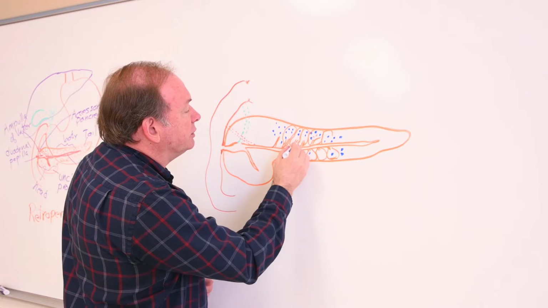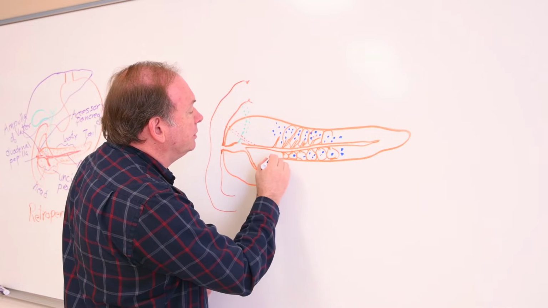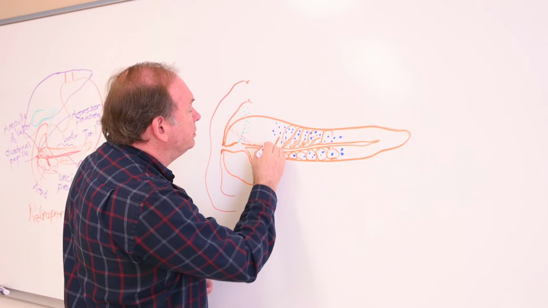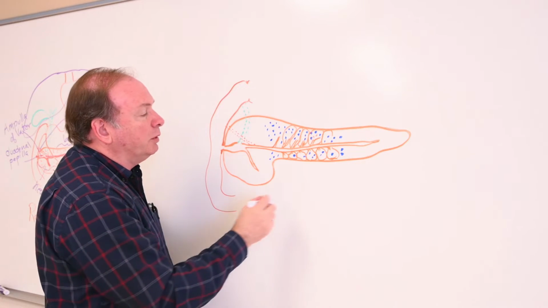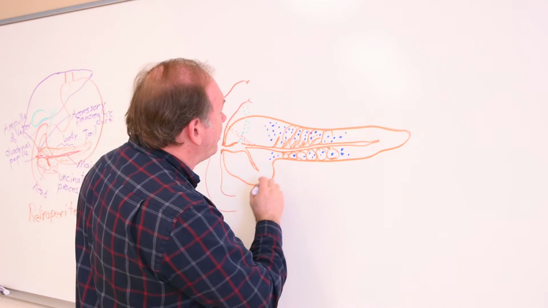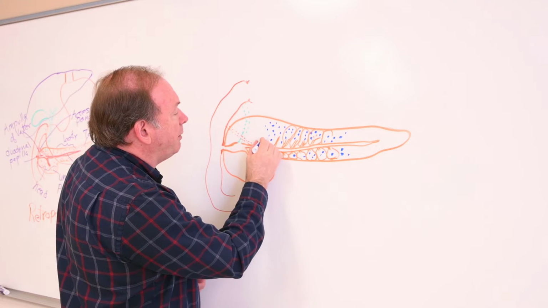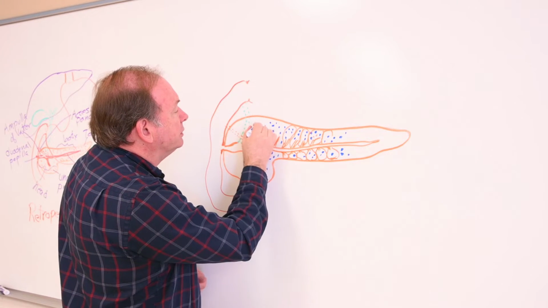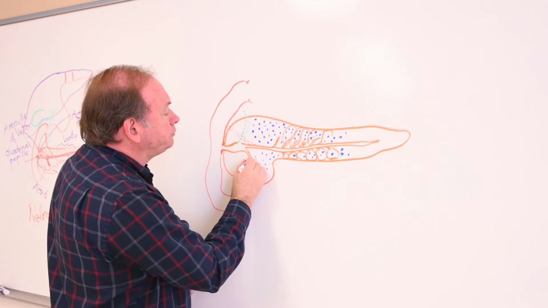These small clusters that are scattered in among all of the other tissues produce our hormones insulin and glucagon. There are some other hormones produced by them as well, but we're primarily interested in those two. Those are primary hormones from the pancreas, insulin and glucagon.